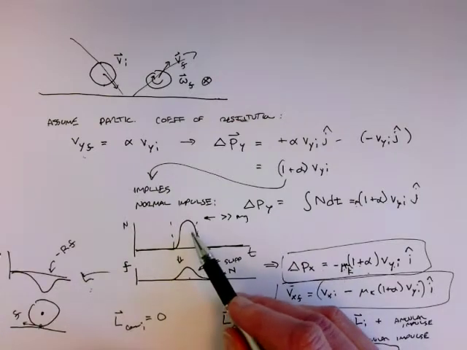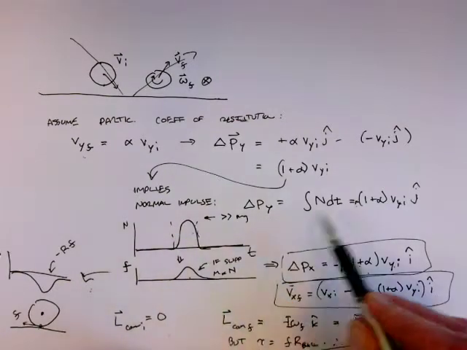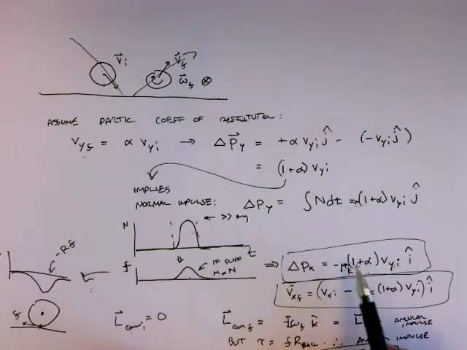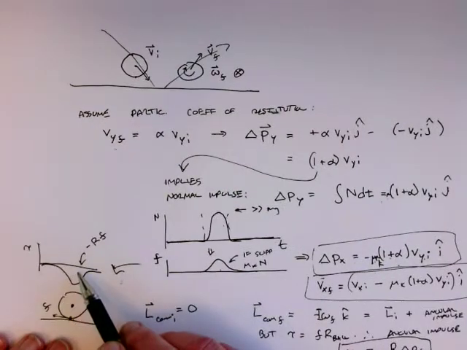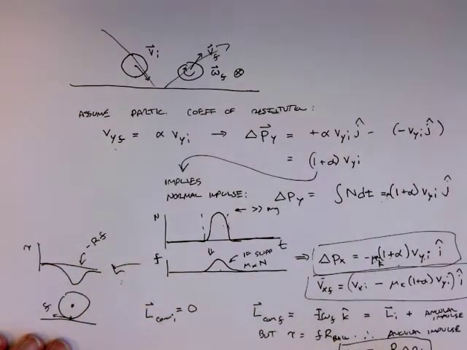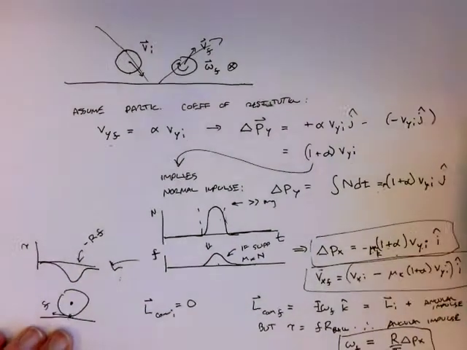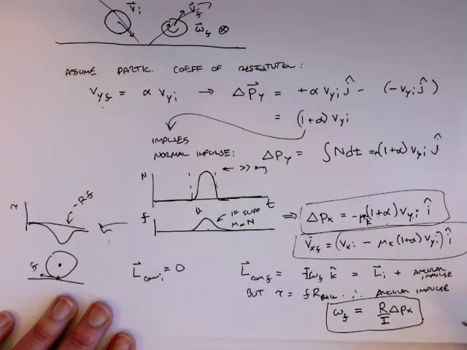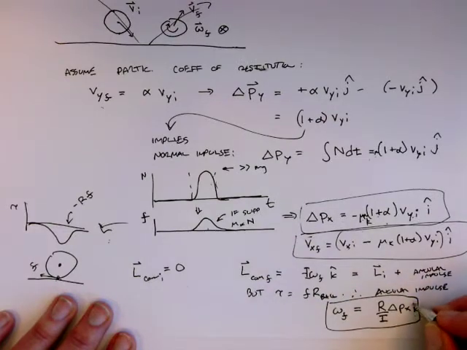Since we have an impulse in the y direction, that gives us a change in momentum in the y direction. Since we have an impulse in the x direction, that gives us a change in momentum in the x direction. And since we have an angular impulse, that gives us a change in the angular momentum, and finally in the angular velocity. And I should have had a k hat there.